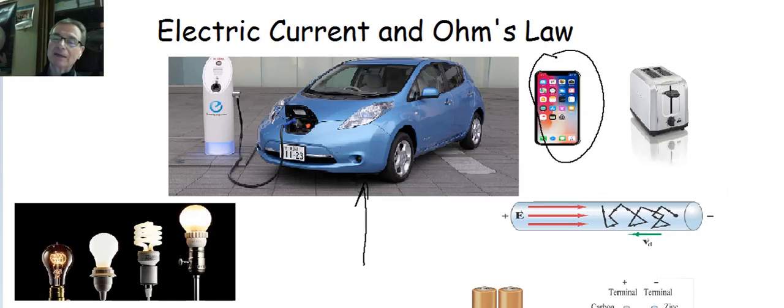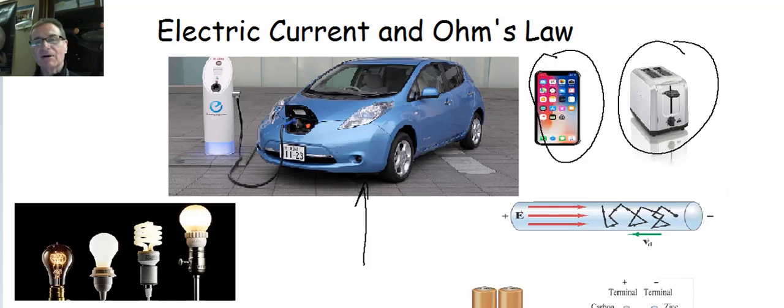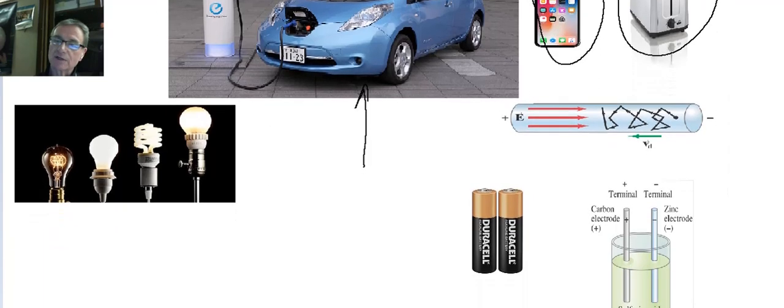In the morning you want to make a piece of toast, you plug your toaster in, you put the handle down, and electric current flows, and it turns your toast from regular bread into a nice crispy toast that you can put something on and eat it for breakfast. There are hundreds of thousands of other applications where we use electric current in every facet of life. And so the question is, just what is electric current?